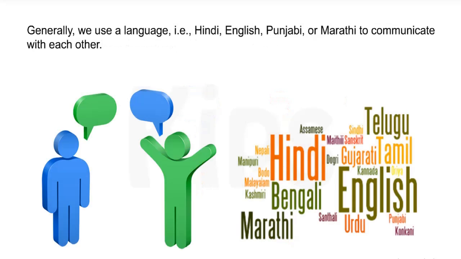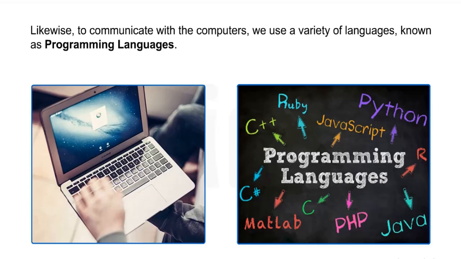Generally we use languages like Hindi, English, Punjabi, Marathi or Kannada to communicate with each other. See here, there are many languages in India itself, and the general international language is English. Likewise, to communicate with computers, we use a variety of languages known as programming languages.